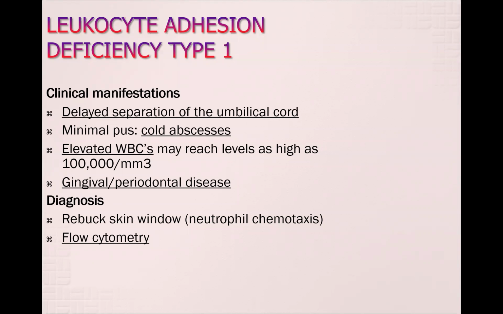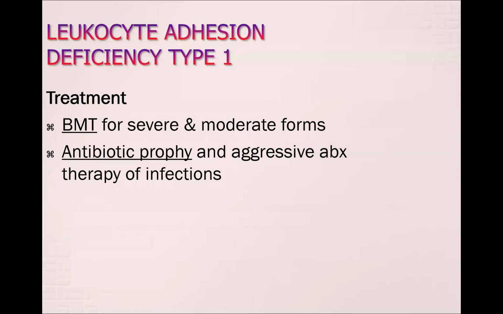So when you stick the person to get the CBC, they're all sitting there waiting for you. And the way that it's truly diagnosed at this point in time is via flow cytometry. Treatment for it, bone marrow transplant for severe and moderate forms, and antibiotic prophylaxis and aggressive antibiotics for acute infections. These are not the ones we're going to want to use bacteriostatic antibiotics. We want to use bactericidal antibiotics whenever possible to treat their infections.